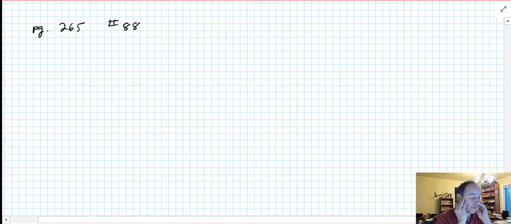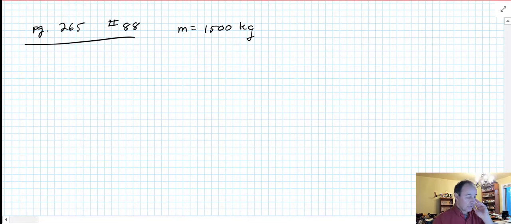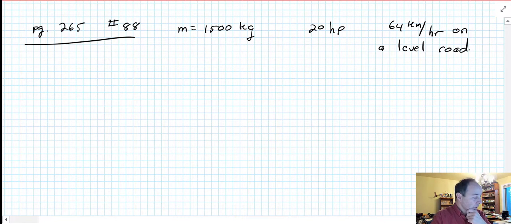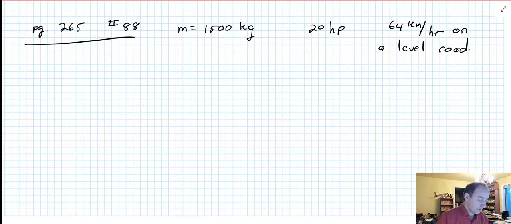So, to overcome air friction and mechanical friction, an automobile of mass 1,500 kilograms requires a power of 20 horsepower from its engine to travel at 64 kilometers per hour on a level road. I'm not going to rewrite the whole problem here, just the key parts. Assuming the friction remains the same, what power does the same car require to travel uphill at a slope of 1 to 10 at the same speed?